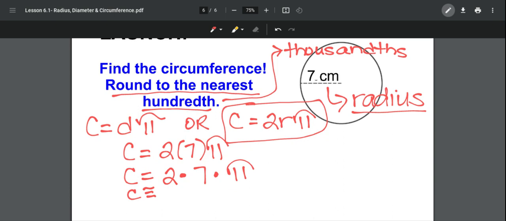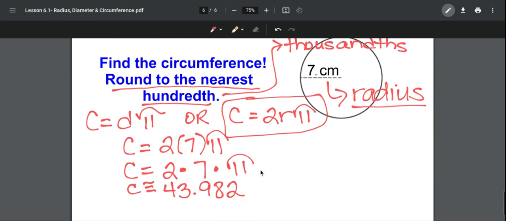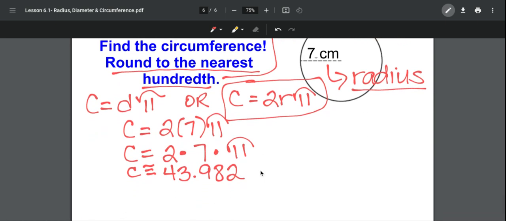Therefore, we would approximate our circumference to be 43.9 tenths, 8 hundredths, 2 thousandths. The 2 in the thousandths place will indicate that that 8 will stay the same, giving us a circumference of approximately 43.98 centimeters.